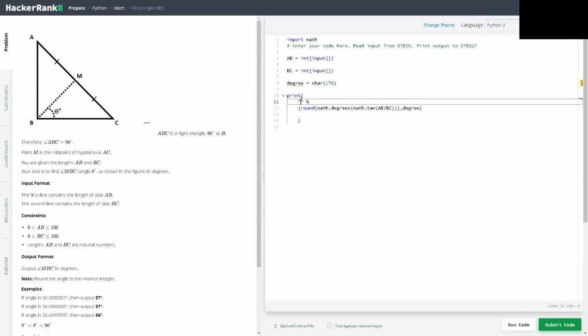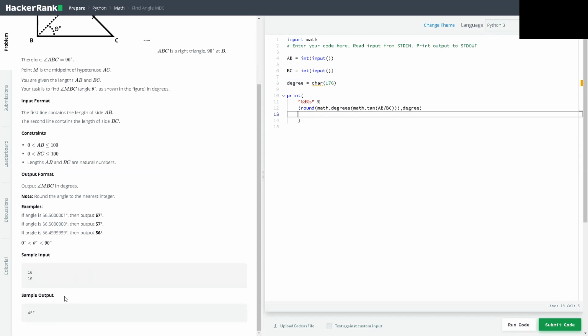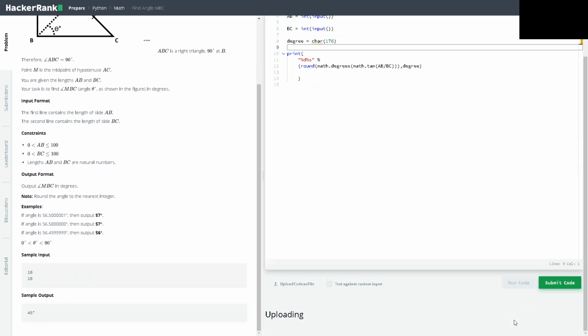And after that, we will print percent s, percent d, and then percent s. So the s will be for the degree symbol, and the d will be for the degree number, right? So that's how we are printing the value.